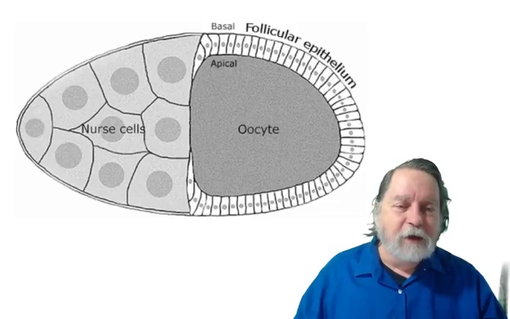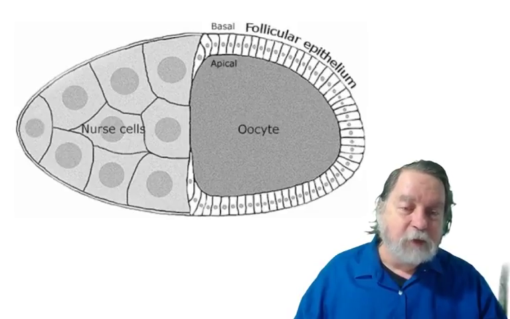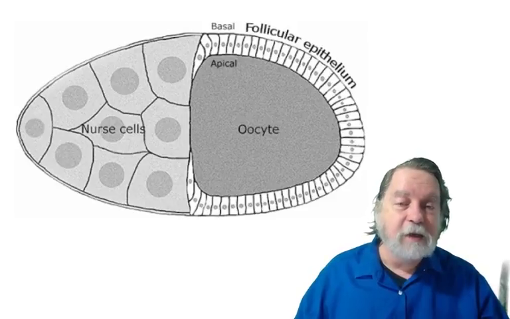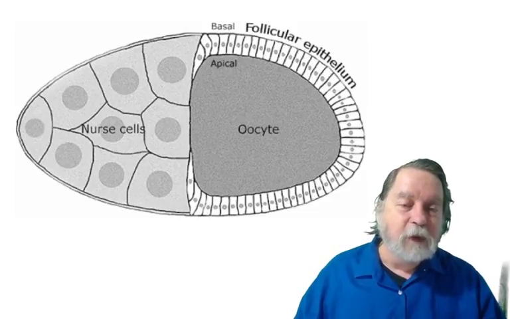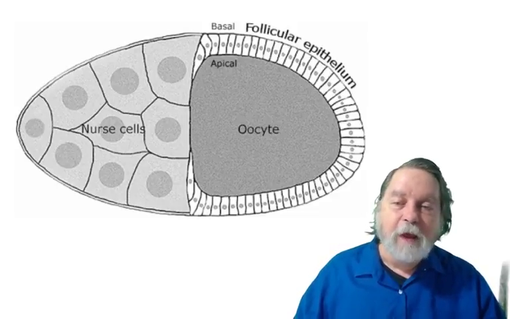The nurse cells are helping that oocyte get very, very large. They're producing all kinds of gene products, they're producing proteins, they're producing RNA, and they're basically pumping it into the interior of the oocyte. So it's getting a big surplus of goodies for the baby fly to live on.